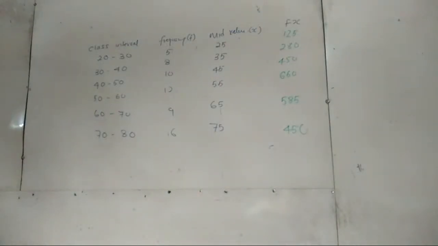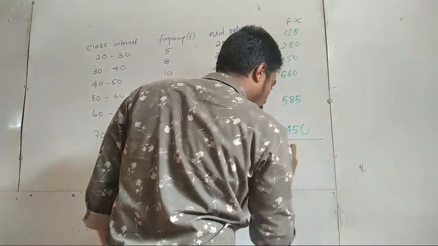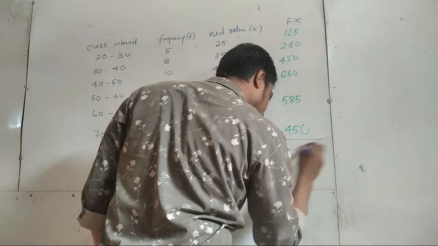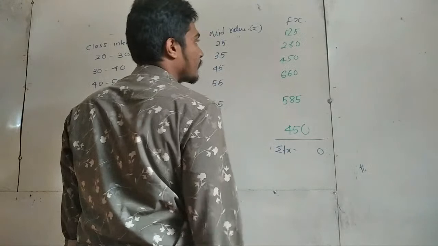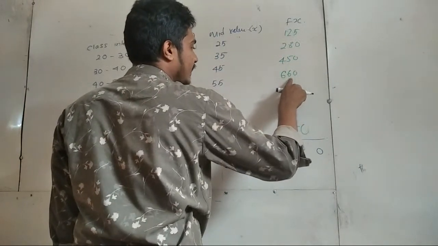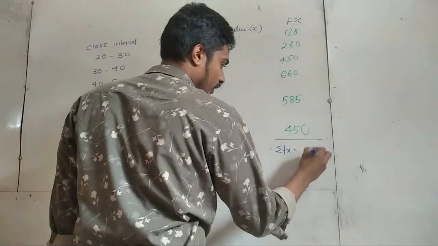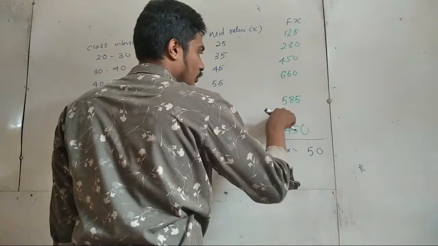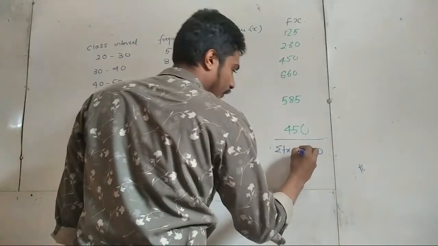So guys, now let's add all the total number of sports equipment. So that's going to be sigma fx. So sigma fx will be equal to 125 plus 280 plus 450 plus 660 plus 650 plus 585 plus 450, which gives 2550.